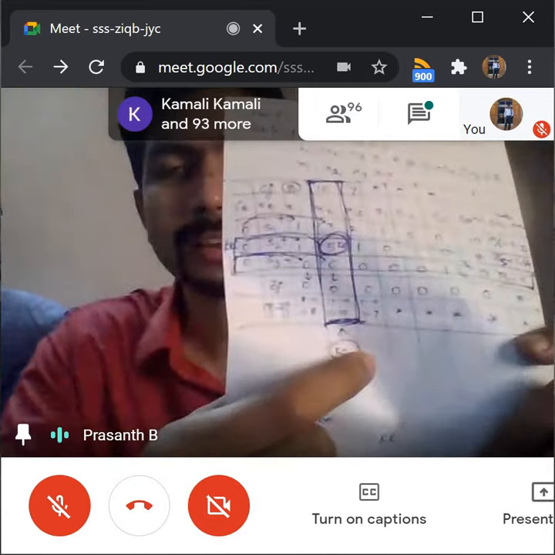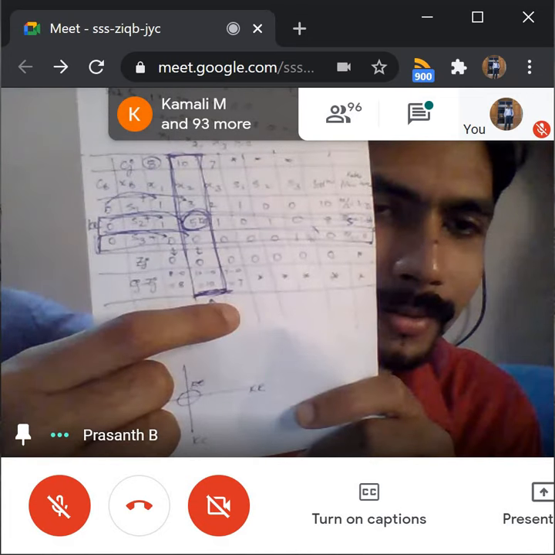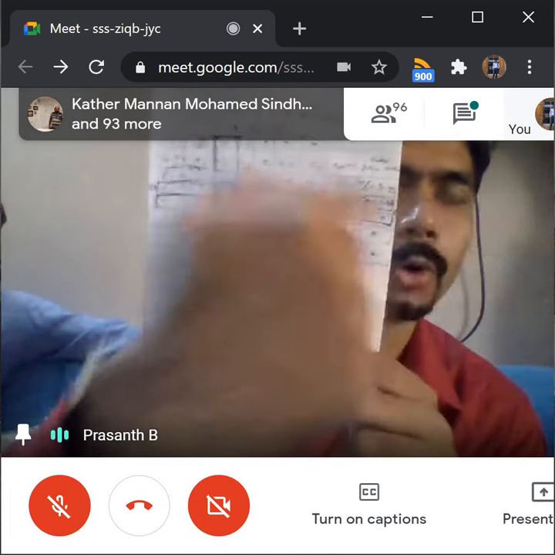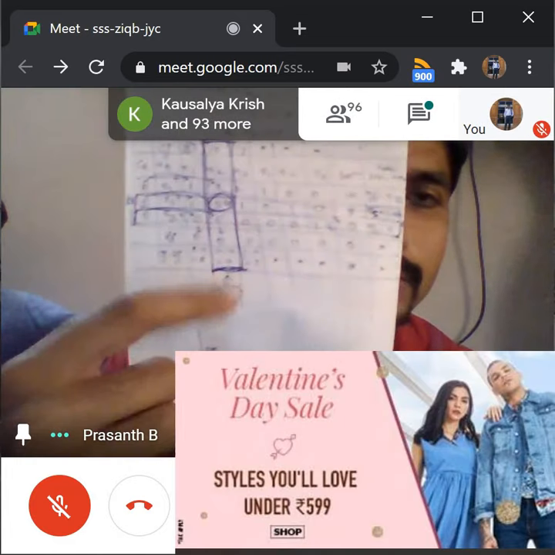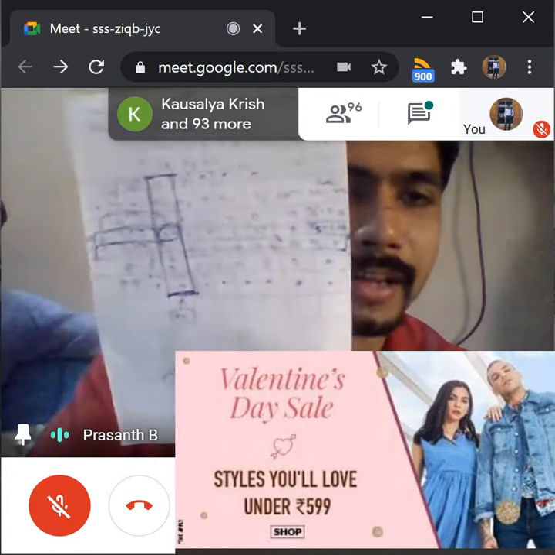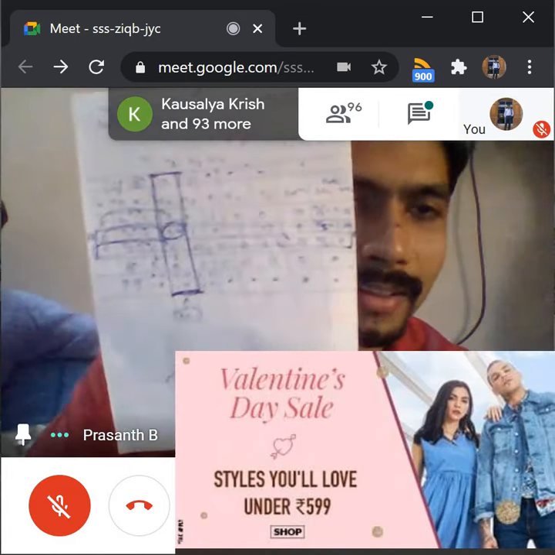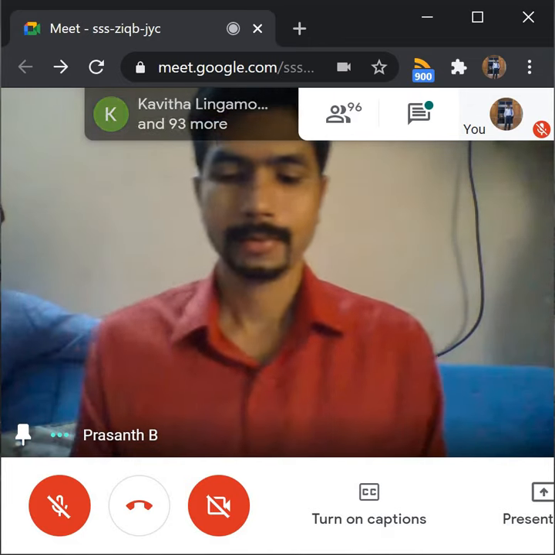You have put an upward arrow mark on the key column, so that is entering. And you have put an outward arrow mark here for S2, so that is leaving. Okay, sir, got it.